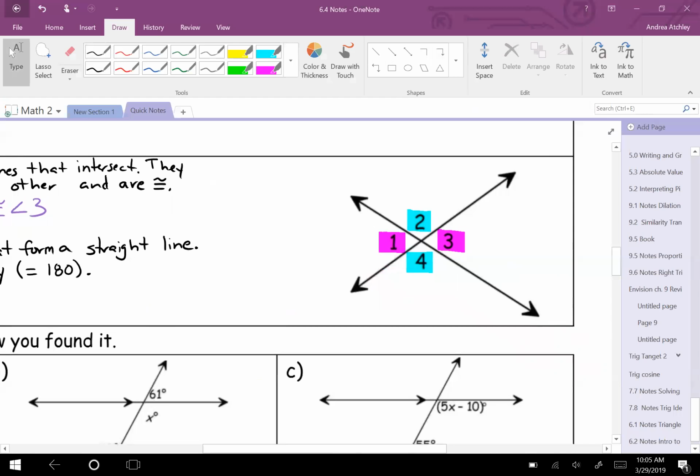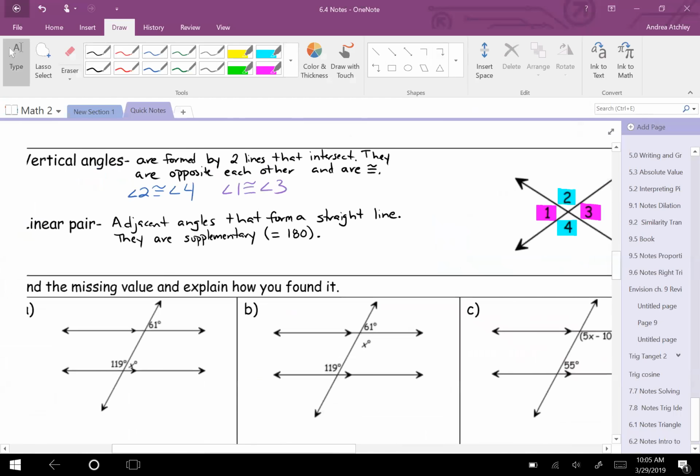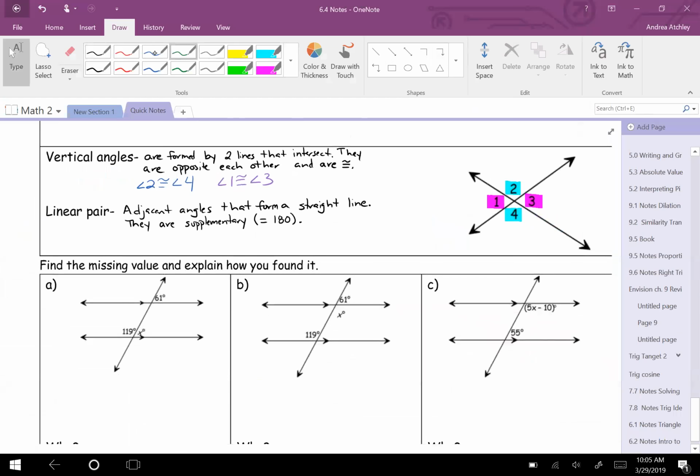They're all linear pairs. Very good. Yes. So you would say the measure of angle 1 plus the measure of angle 2 equals 180.